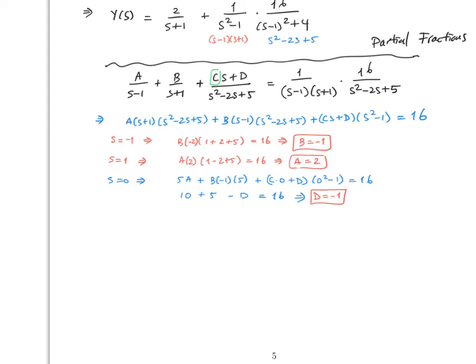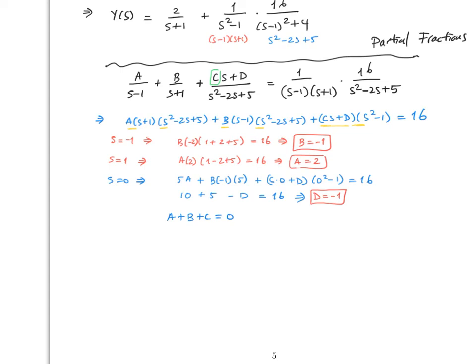Now, if you notice, if you distribute for s cubed, you have A, B, and C that will give you s cubed. So that means that A plus B plus C has to equal 0. Why?